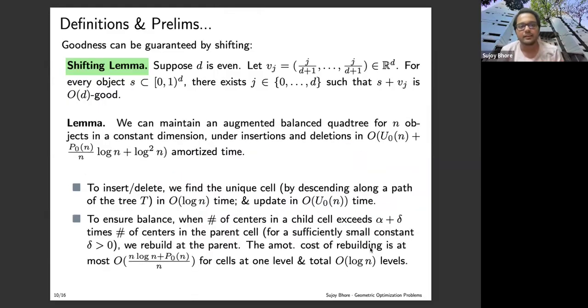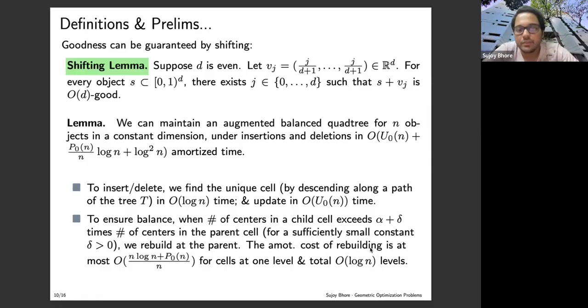So in the lemma, we show that we can maintain this augmented balanced quadtree of n objects in constant dimension under insertion and deletion in roughly time order U0n plus P0n by n log n plus log square n amortized. To insert and delete, basically we find the unique cell by descending along the path of the tree in log n time and update in order U0n time.